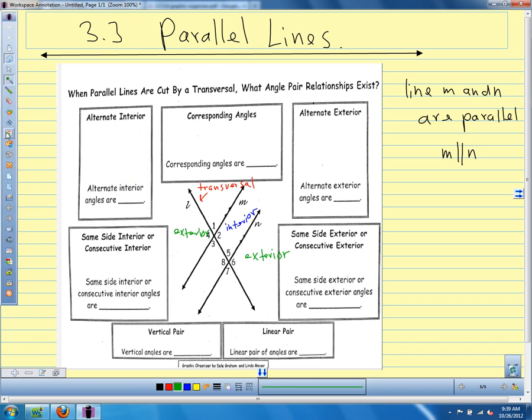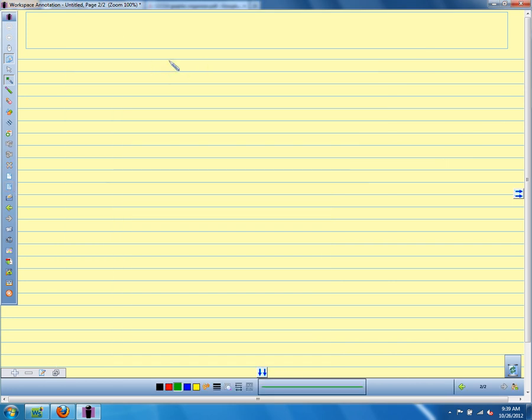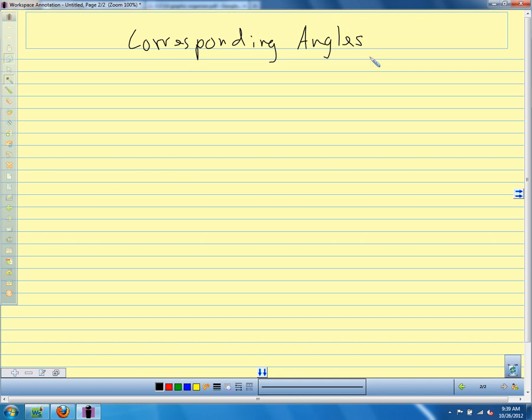All right. So at the very top of your graphic organizer, it says corresponding angles. You have a box, you don't even have to write that in. This very top box in the middle is going to be our postulate. So we're talking about corresponding angles, so you should write in underneath there postulate.